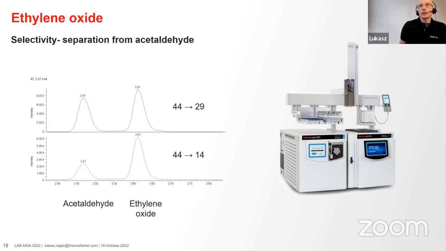So the only way to distinguish between those two substances, to avoid interference from acetaldehyde, is to separate acetaldehyde and ethylene oxide. With our method, with the column that we applied and the oven program, we were able to separate those two substances. As you can see on the slide, the difference in retention time between those two substances was 0.14 minutes, so it was higher than 0.1 minute.